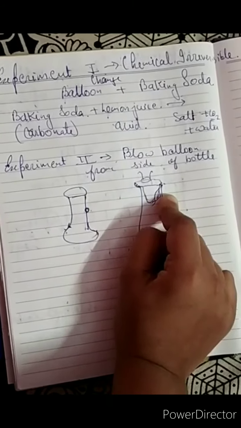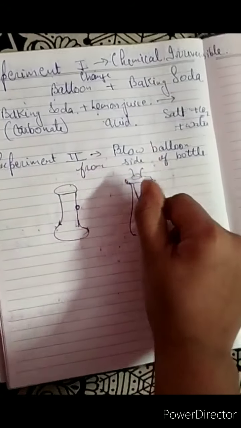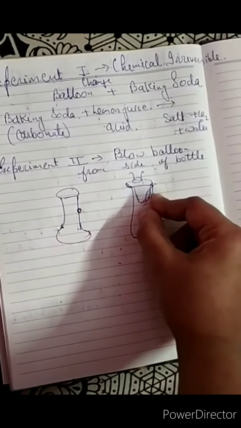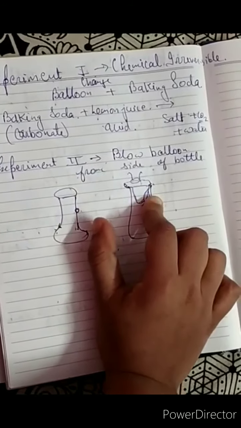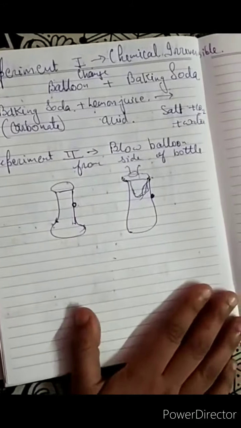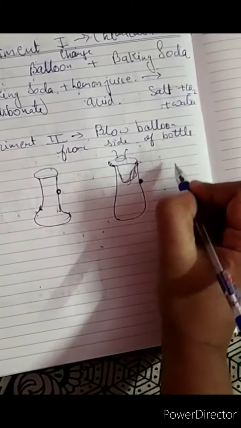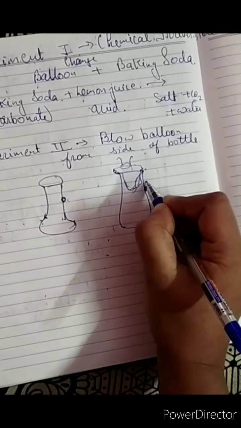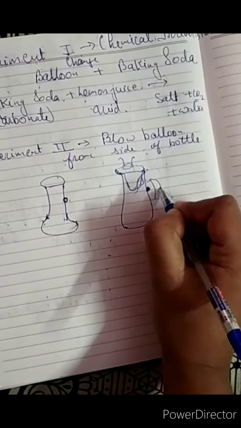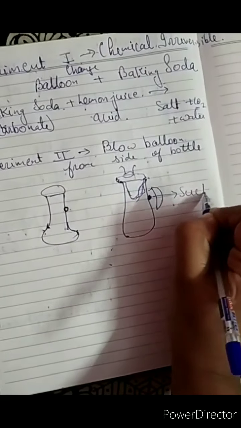Because the pressure inside is reduced and the pressure outside is very large, the balloon will not blow up. As you release it and try to suck the air, the next step is you put your mouth here and just try to suck the air from the bottle.